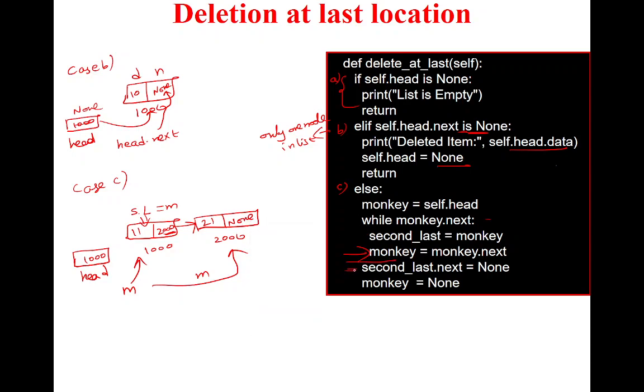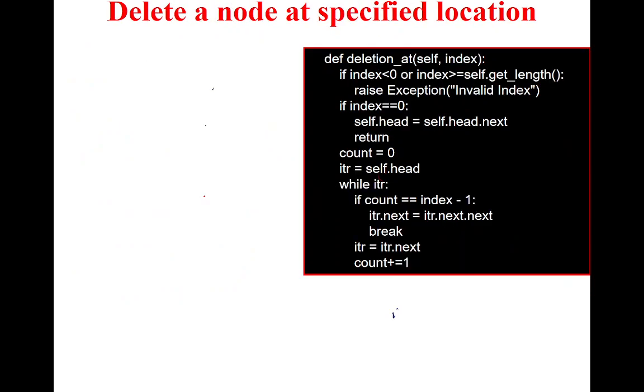In this part, it will assign second last dot next as none. Then we will delete this one. The meaning is we are tracking the previous node, then changing the previous node's next, then deleting the last node. That is the deletion at last location.